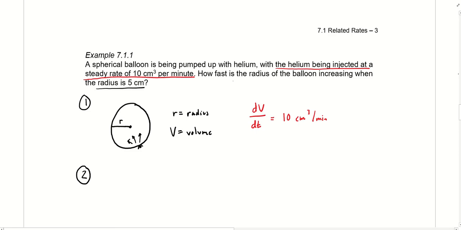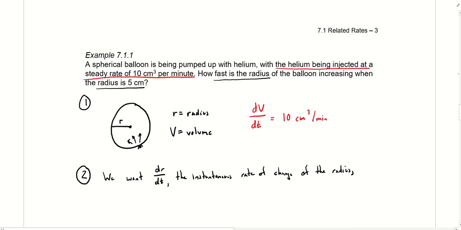So what's my rate of change? Well, it looks like I'm talking about how fast the radius is increasing. So that sounds like a rate of change of the radius with respect to time. So for step 2, I'm going to say here that we want dr/dt, the instantaneous rate of change of the radius.